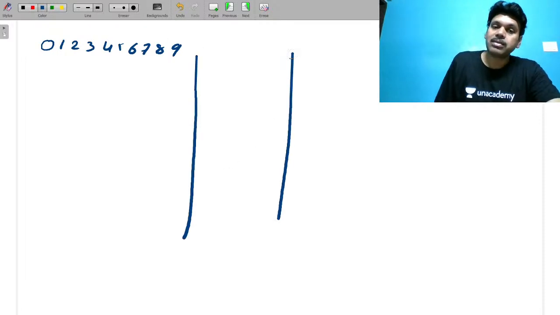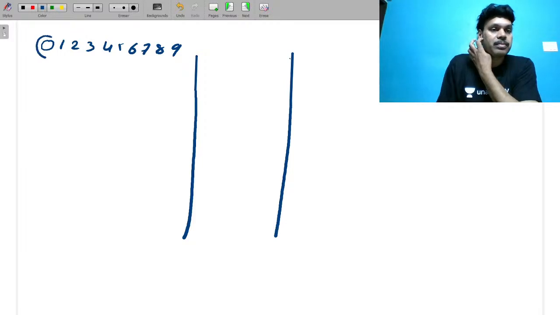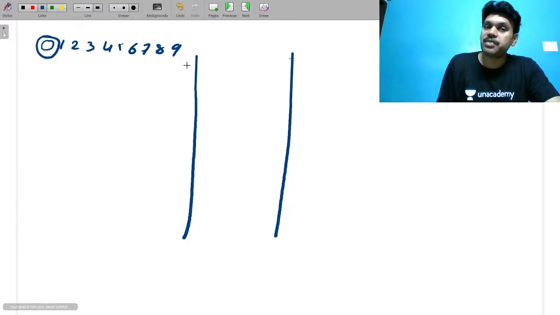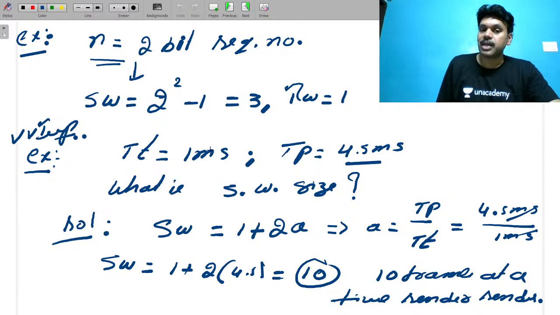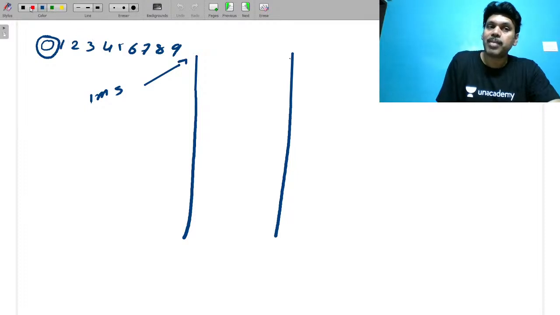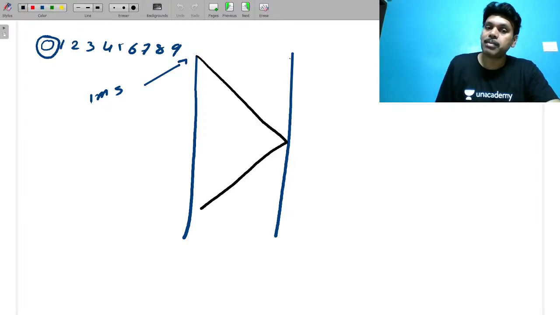First of all, I will send frame 0. When you send frame 0 using 1 ms, because your TT is 1 ms, observe, your transmission time to push a frame is 1 ms. But after pushing, it has to go there and come back. It is taking almost how much? 2 into 4.5 ms to get the acknowledgement.